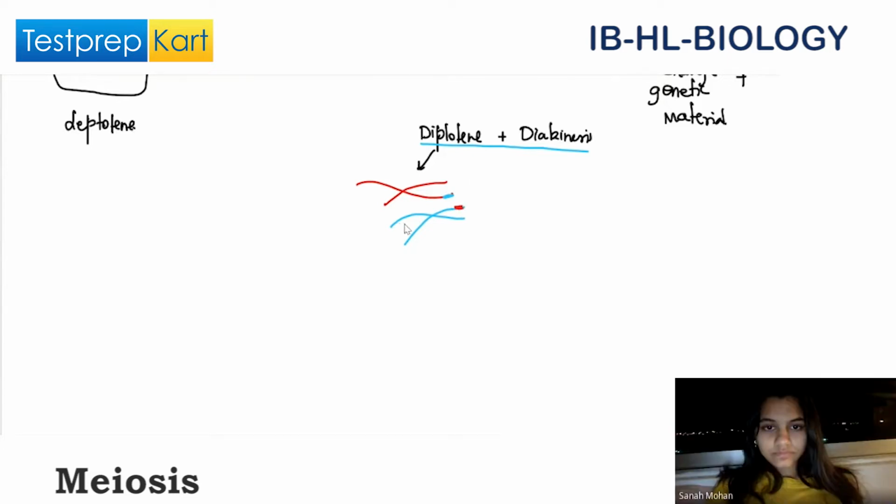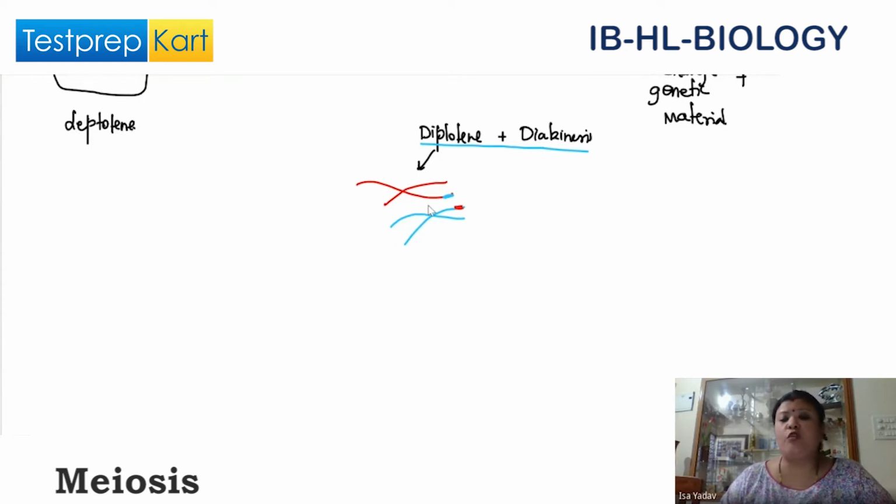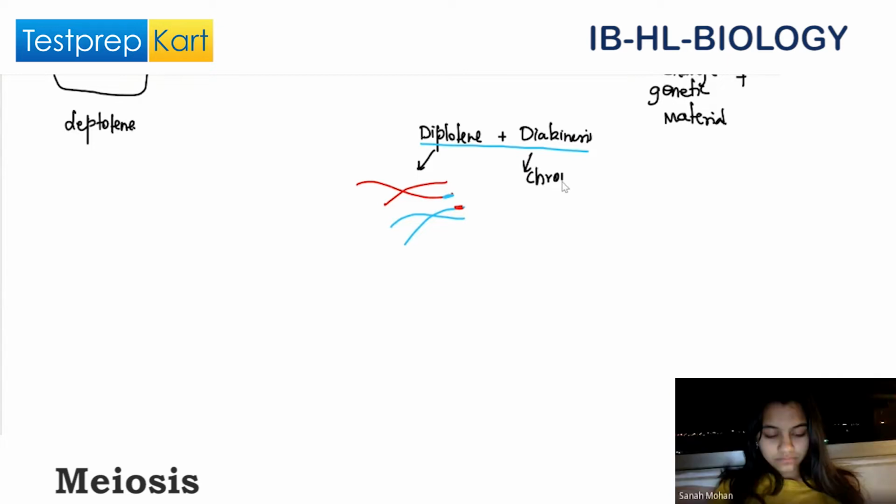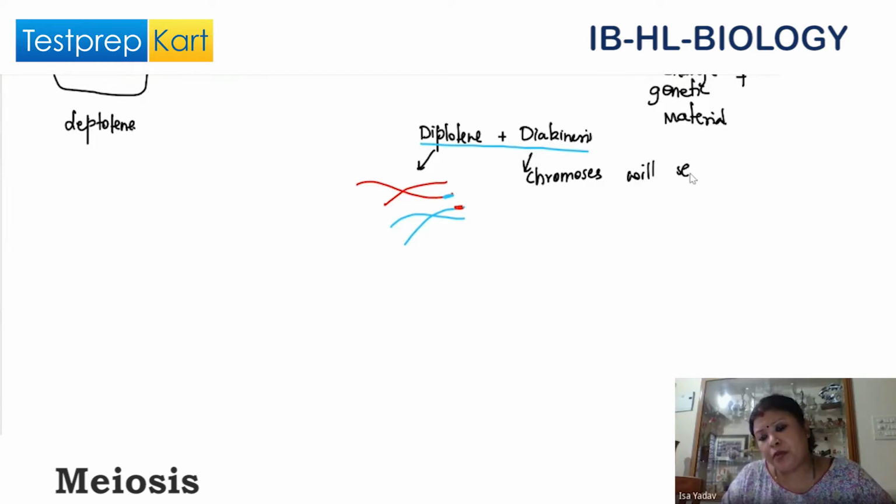Once the crossing over is completed, these chromosomes will separate in diakinesis. After diakinesis, the next stage is metaphase 1.